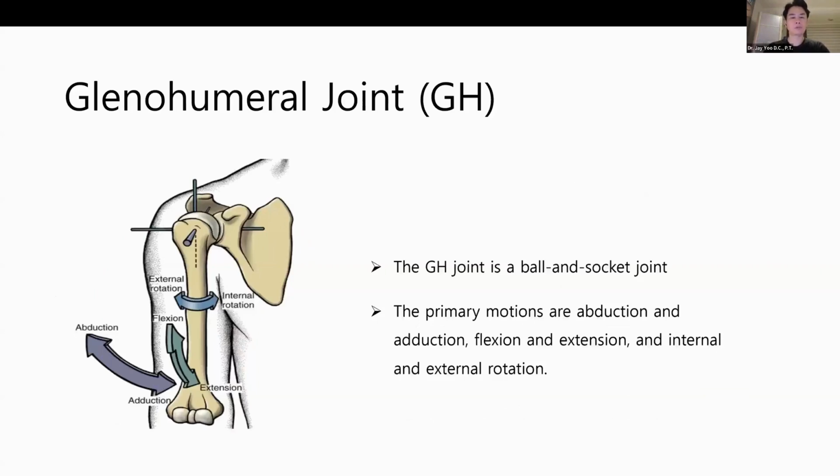These four muscles compose the rotator cuff. The GH joint, as you know, is a ball and socket joint. Other joints are usually sliding, but a ball and socket joint exists only in the shoulder and the hip.